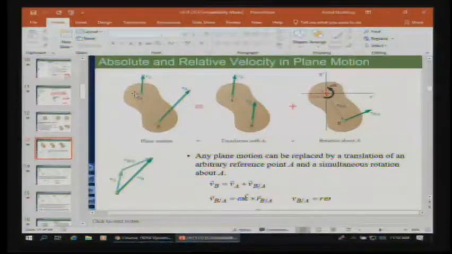So, like we said, if you have A and B, and you want to know the velocity of B, you can think about the velocity of A and then the rotational velocity of B with respect to A, add those two vectors and you'll have a complete expression for the velocity of B.